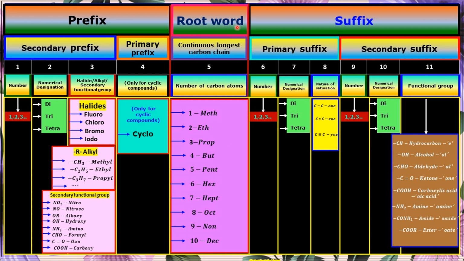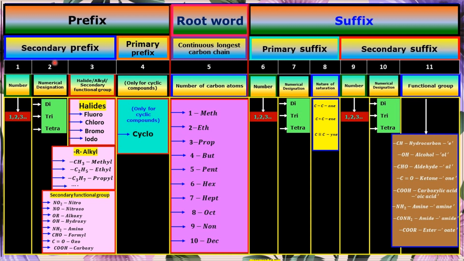And before the root word we have prefixes. Primary prefix is there and secondary prefix is there. And this primary prefix is used only for cyclic compounds, that is when carbon atoms form ring-like structures. At that time the primary prefix we have to use is cyclo. And in all other cases, if cyclic compounds are not there, this primary prefix is ignored.